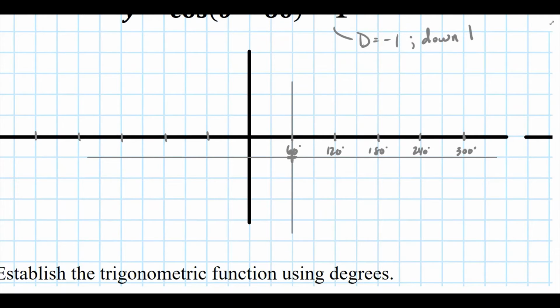Now, by considering the key data points for the cosine function, we can plot points and establish the graph. On the new axes, there is a coordinate at 0, 1. Another point is found on the new axes at 90 degrees, 0.